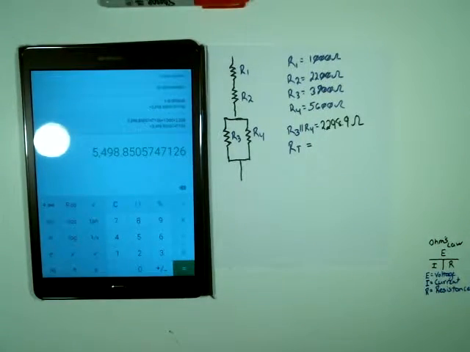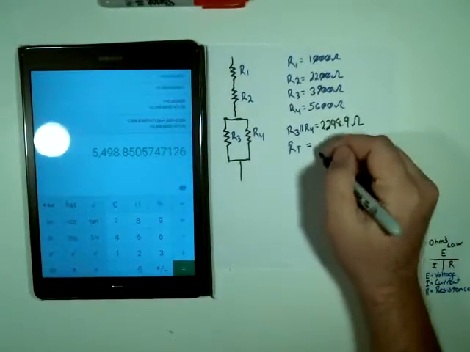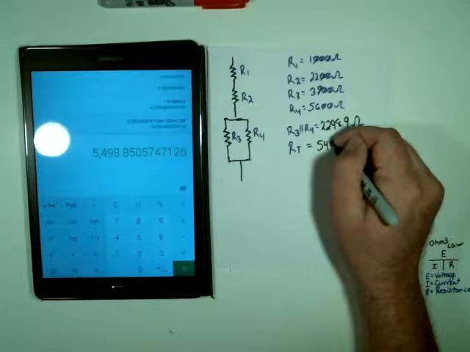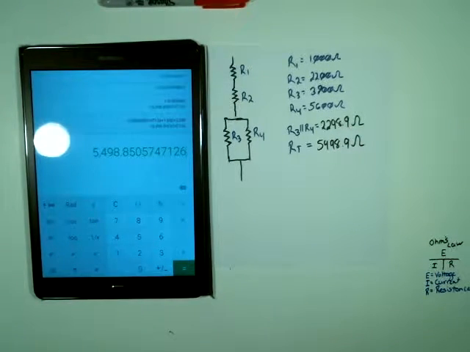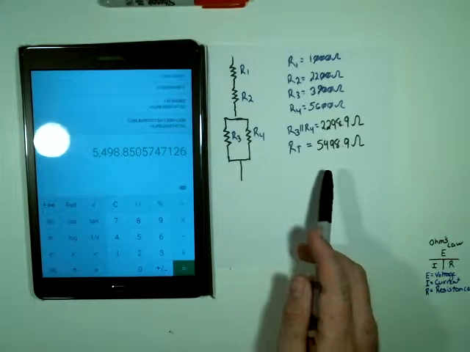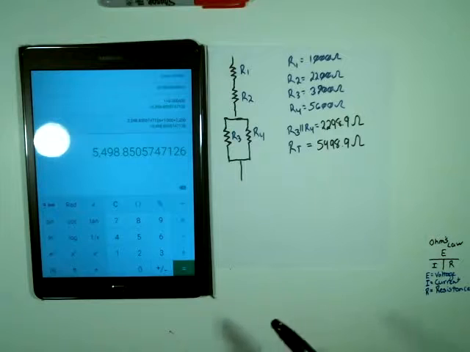So the total equivalent resistance for all four laid out like this is 5498.9 ohms. Okay, it wouldn't necessarily be wrong to say 5500.